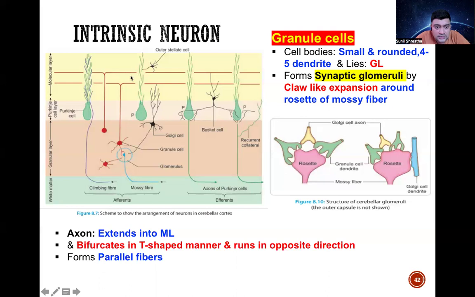If you see the shape of these axons, they bifurcate in the molecular layer, and after the bifurcation they move in two opposite directions, parallel with each other. These are the parallel fibers, moving in the opposite direction after bifurcation.